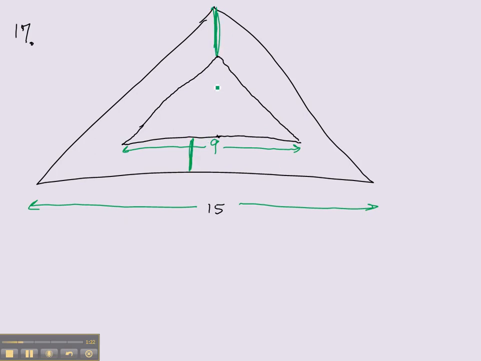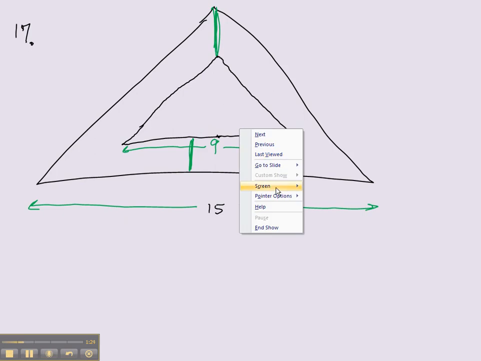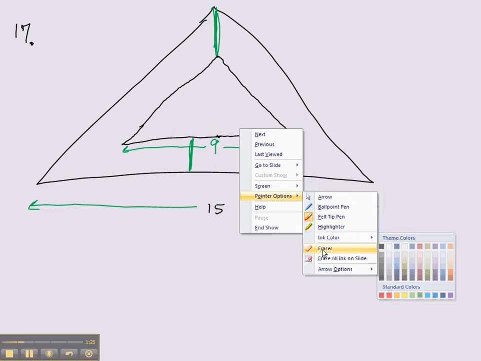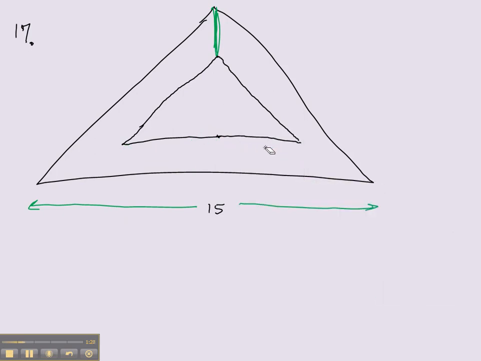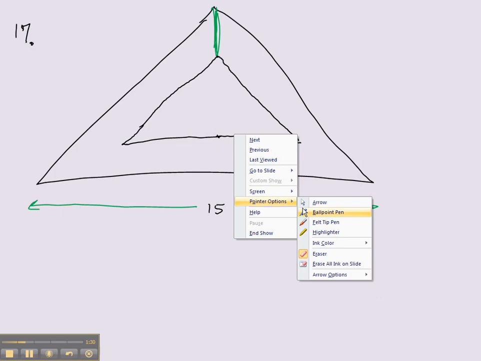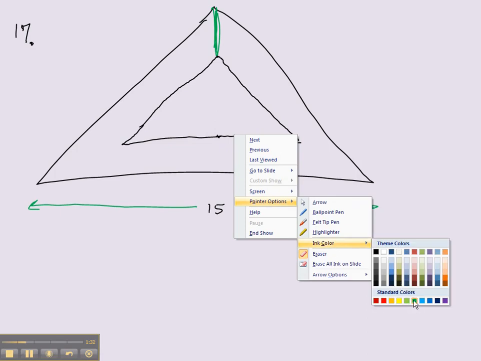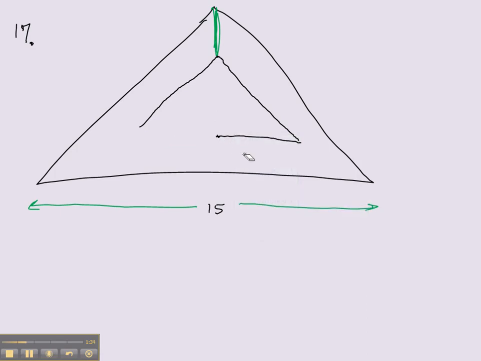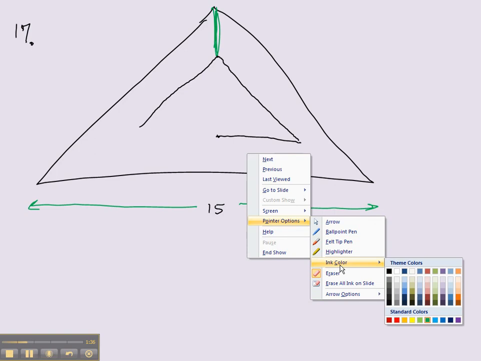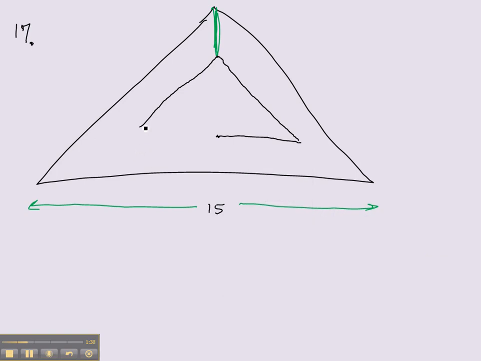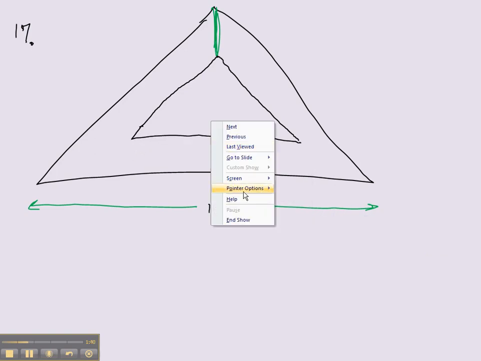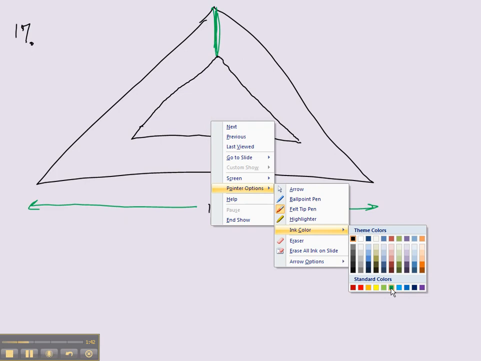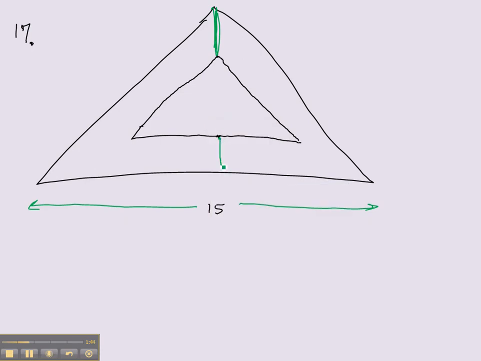So I think I'm going to redraw this a little bit. Okay, so this is 3, this is 3, this is 3.